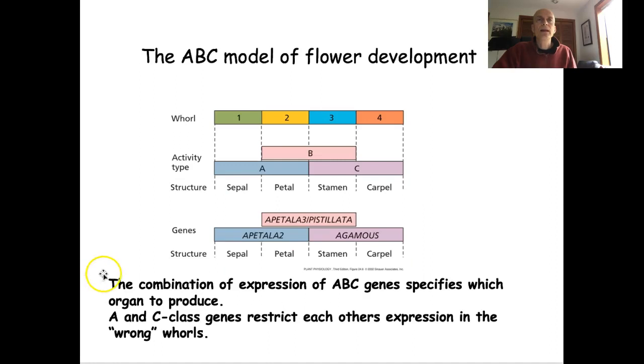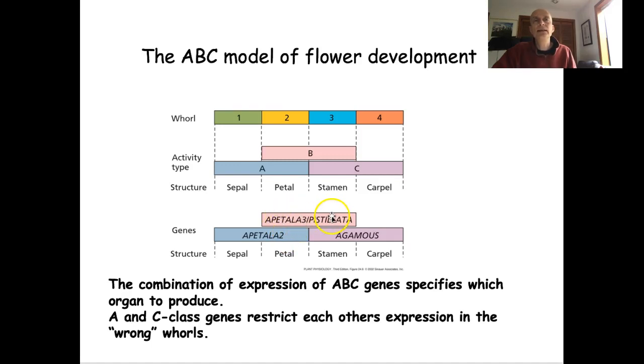The combination of expression of these ABC genes is what specifies which organ is produced. So what does that mean? It means that when you only have Apetala 2 being expressed, you will get sepals. If you're expressing Apetala 2 and Apetala 3 or Pistillata at the same time, then you're making petals.